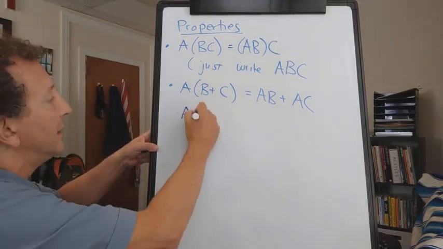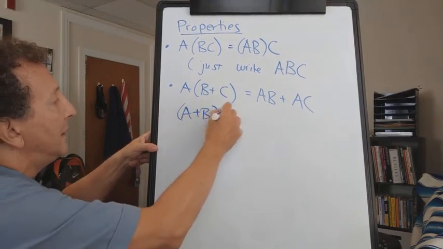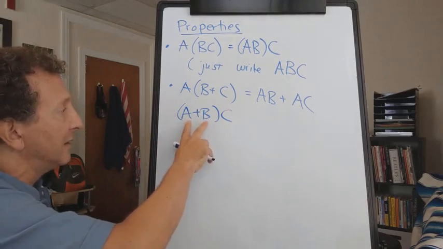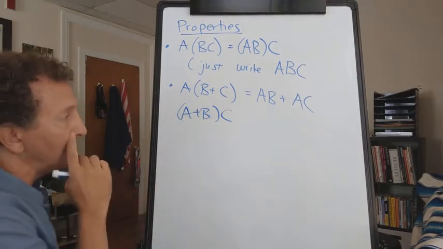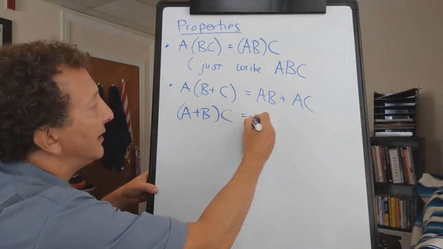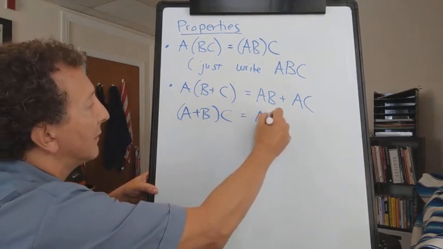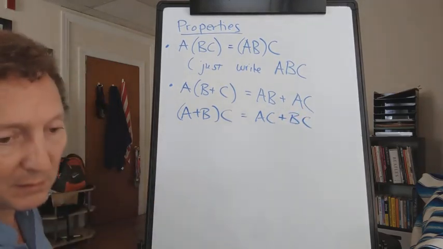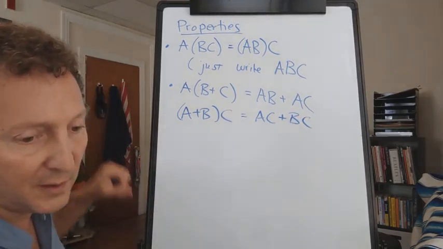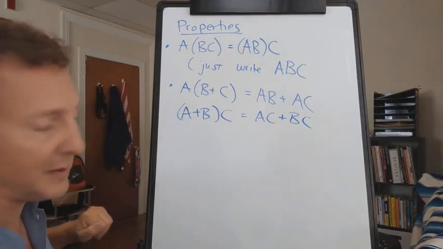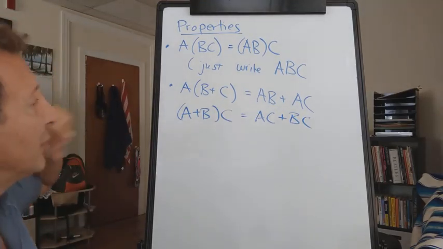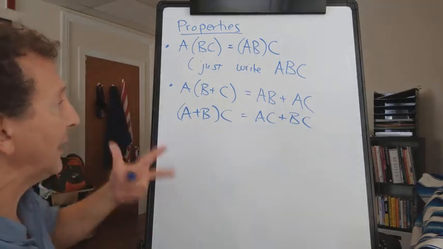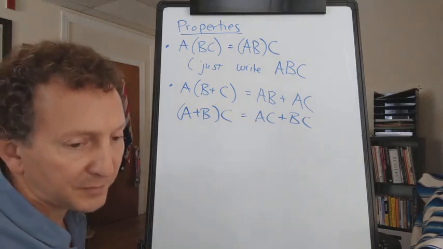Similarly, if A and B have the same dimensions, and the second dimensions of these are equal to the first dimension of C, then we can write (A plus B) times C and distribute the same way. That equals AC plus BC. So as far as these properties go, the matrices work just like numbers, because this is exactly what we would expect based on what we know about numbers.